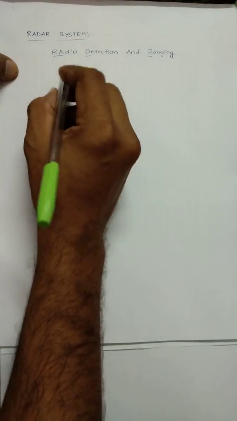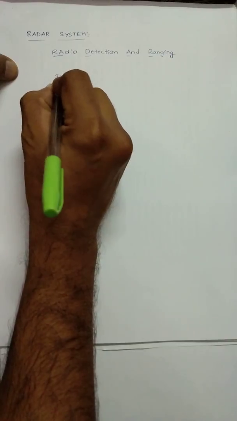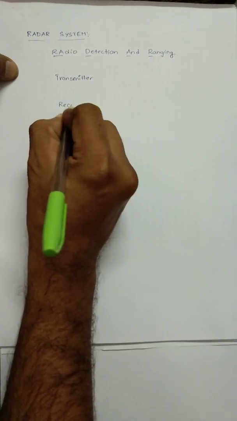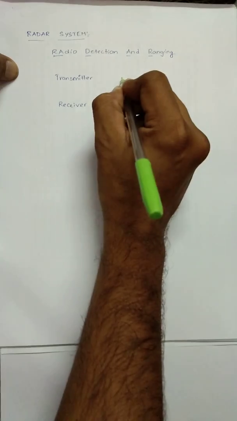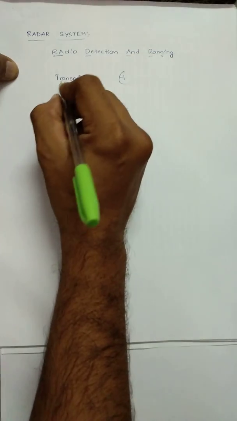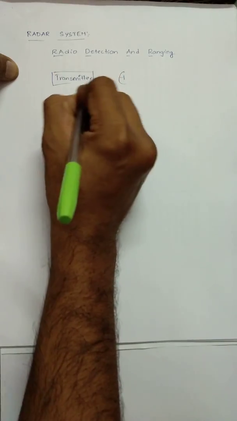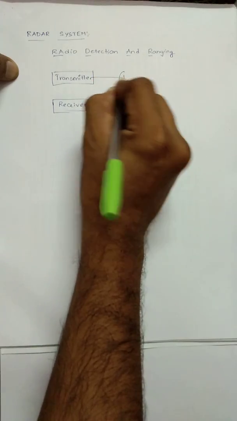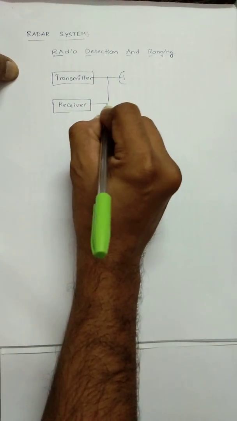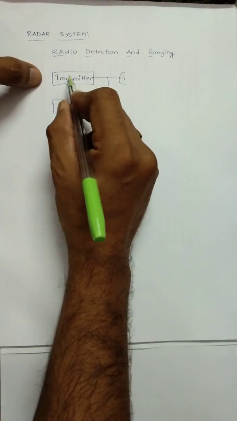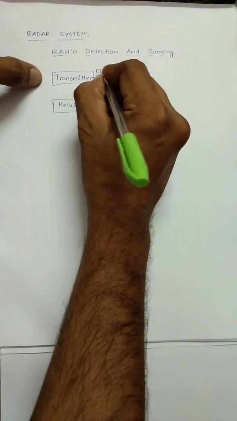The basic radar system consists of a transmitting section, transmitter, and a receiver and antenna. The transmitter is used to generate one RF signal.